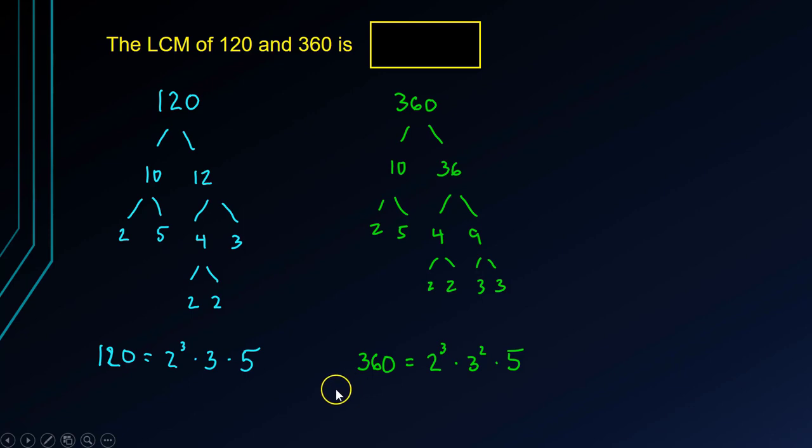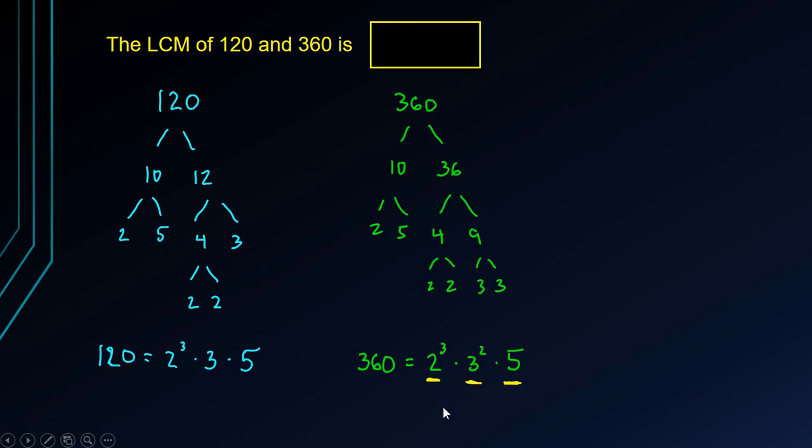If I look at the highest powers of the bases I have in here, 2 cubed is in both of these, so I'm going to take 2 cubed. 3 and 3 squared, well, I'm going to take the 3 squared. And 5 and 5, well, I'm going to take the 5 because they both have it in common. So all of the numbers that I'm going to be using are the parts of 360.